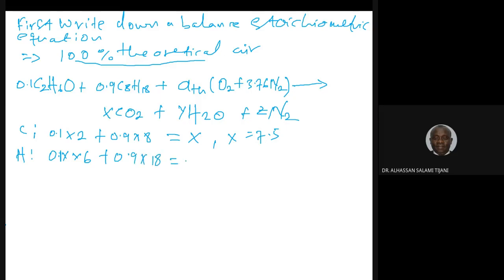This should give us 2Y. If you solve this carefully, Y gives you 8.4.